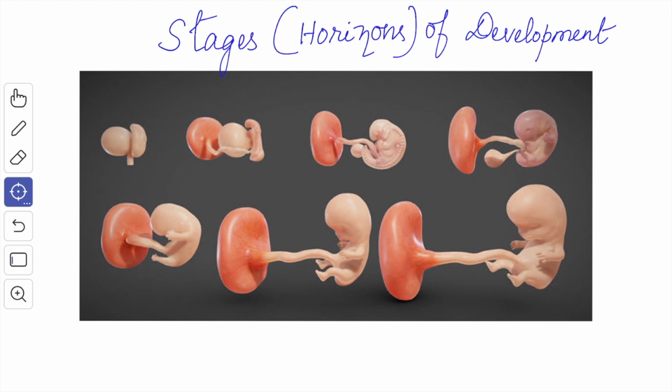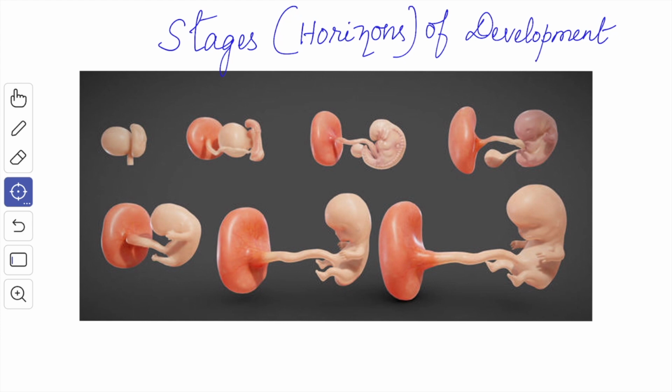Stage 2 is cleavage division from 2 blastomeres to 12 cells. Stage 3 is the formation of the blastocyst from the morula. Stage 4 is the disappearance of the zona pellucida and the implantation of the blastocyst in the endometrium by adhesion and penetration.